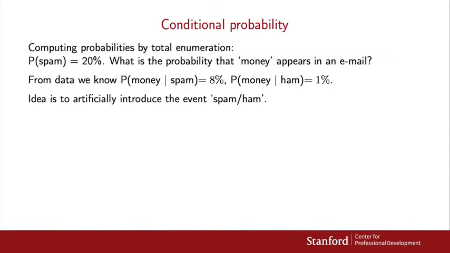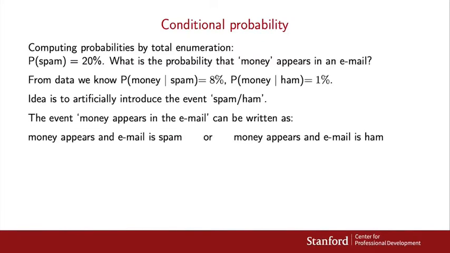We can write the event that money appears in the email as two events: the event that money appears in the email and is spam, or the event that money appears in the email and is ham. And now you see these two events are mutually exclusive, because if the email is spam, it cannot be ham. And since there's an or in between these two, we can use the addition rule.